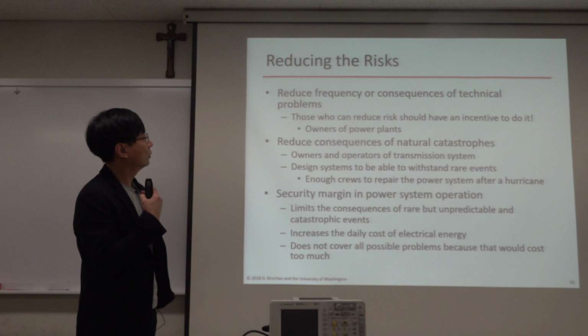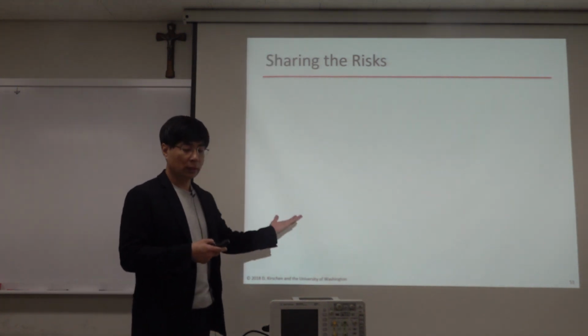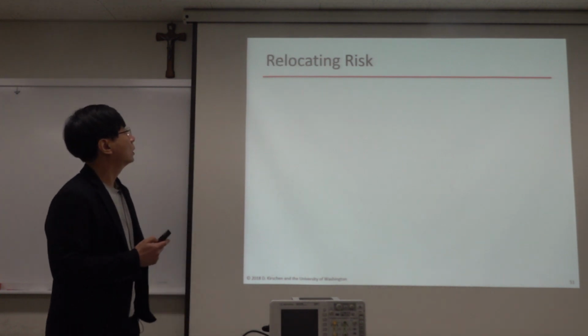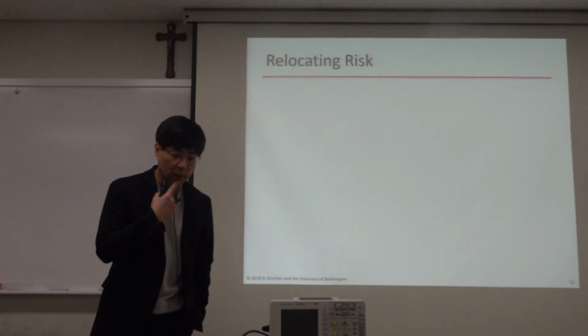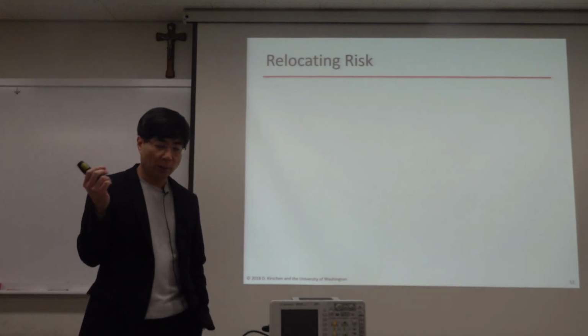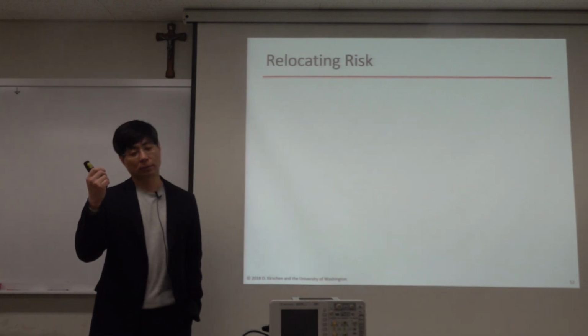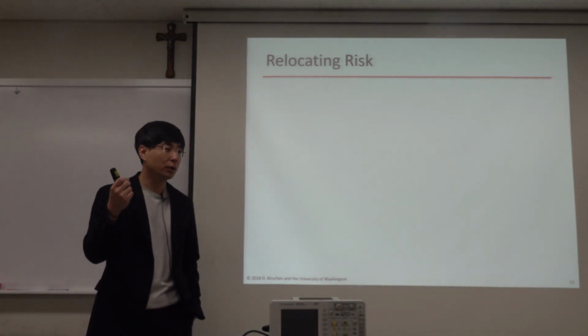So we can reduce risk or share the risk, something like using insurance or relocating the risk. That means, in the market there are many participants and someone is willing to take the risk because high risk, high return.